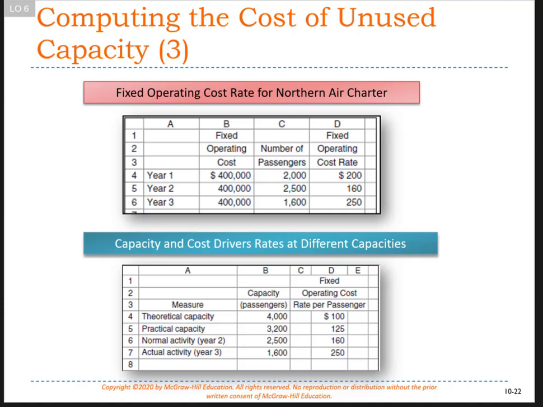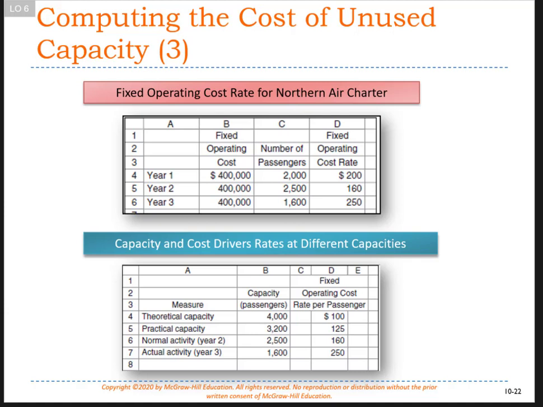Here's the tendency. If we're using this kind of calculation to price our product, we see that as the activity goes down, the cost per passenger goes up, and therefore we may be tempted to charge our customers more in a bad year, which is simply going to make our volume fall further.